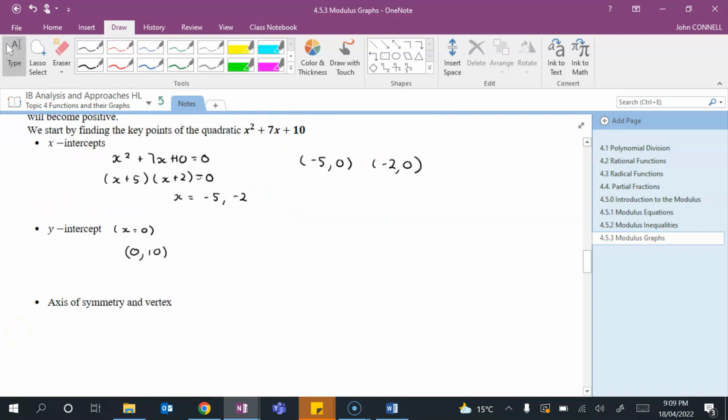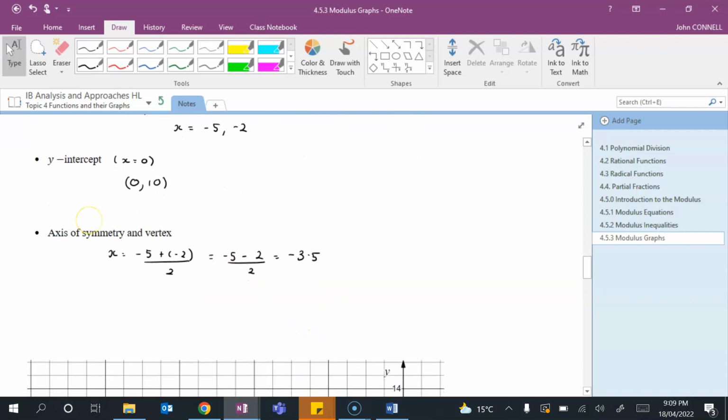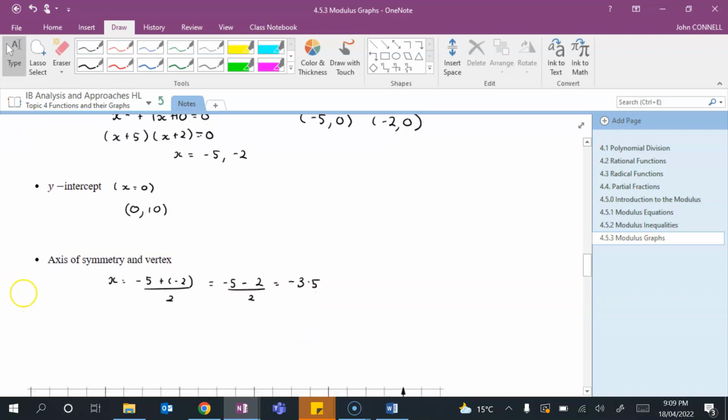And the axis of symmetry is halfway between my roots. So it's minus 5 plus minus 2 divided by 2, which is minus 7 divided by 2, that is minus 3.5. Now if I plug that back in, I'm going to plug it into factored form in the hope that that will be easier to work with. So I can't guarantee it. So minus 7 on 2 plus 5, well that's 3 on 2, because 5 is 10 on 2.